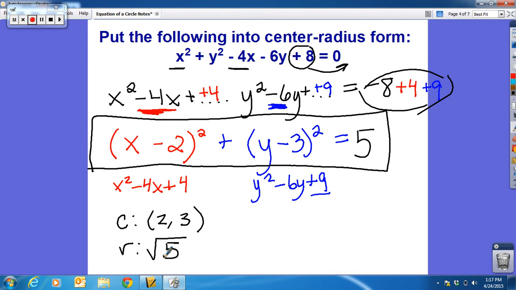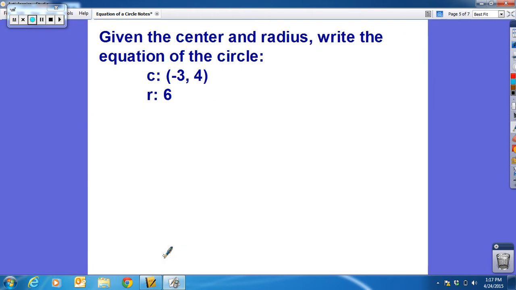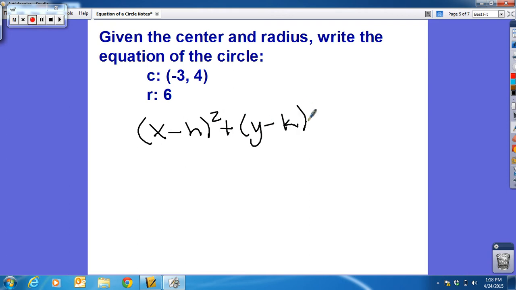Okay, let's go back to a little bit easier one. So now you need to write the equation of the circle given the center and the radius. This should be super, super easy. So you know that the equation is x minus h squared plus y minus k squared equals the radius squared. Just fill in the points.